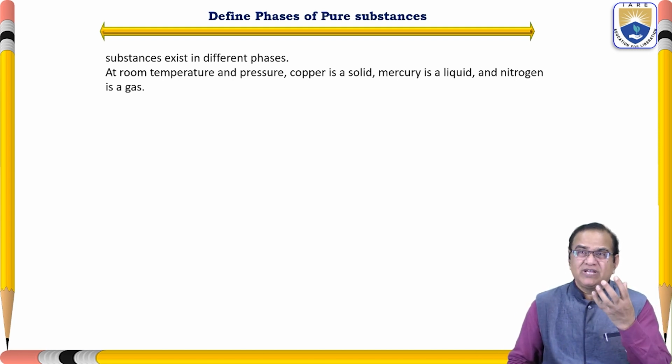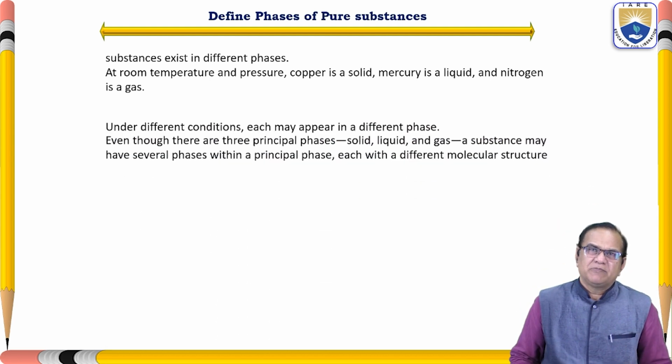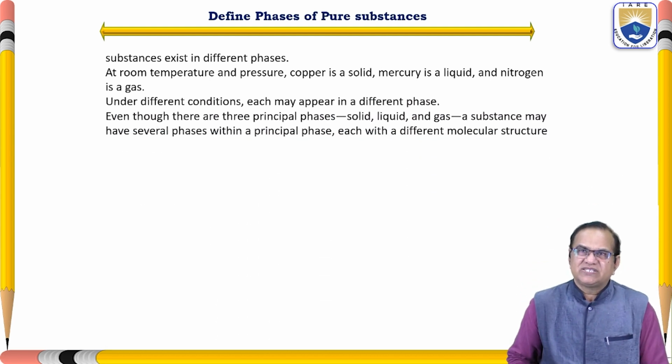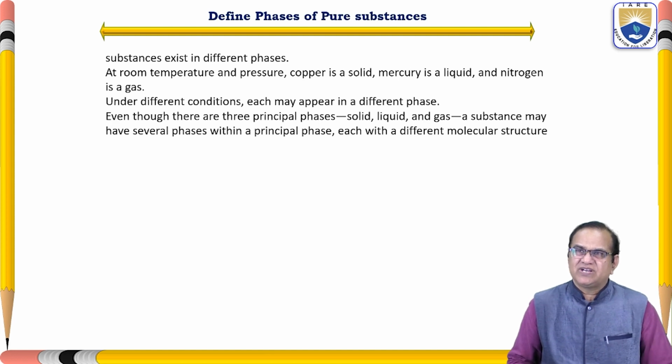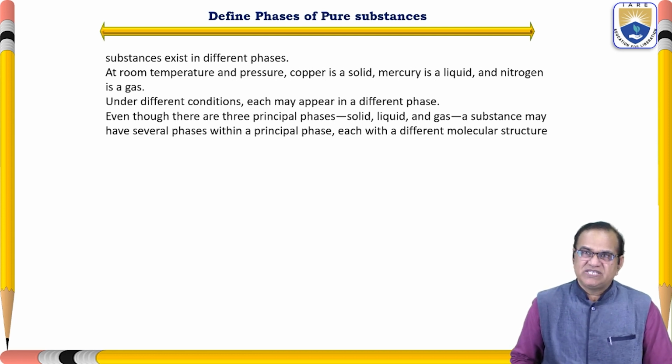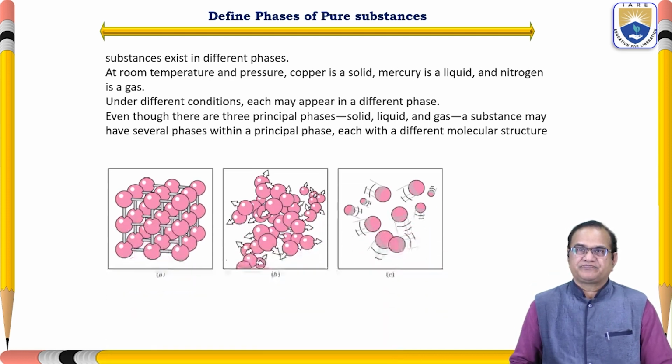So here we have solid, liquid and gas at the same temperature and atmospheric pressure. Under different conditions, each may appear in a different phase, even though there are 3 principal phases, that is solid, liquid and gas. A substance may have several phases within a principal phase, each with a different molecular structure.